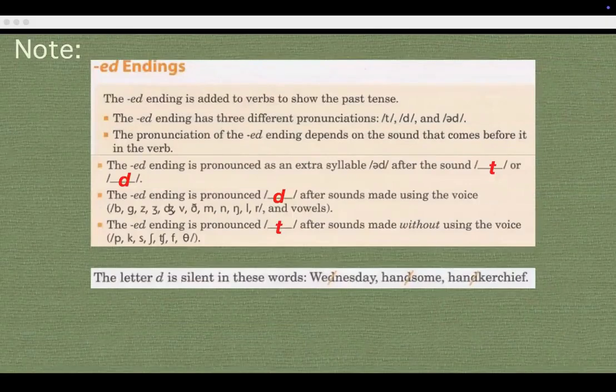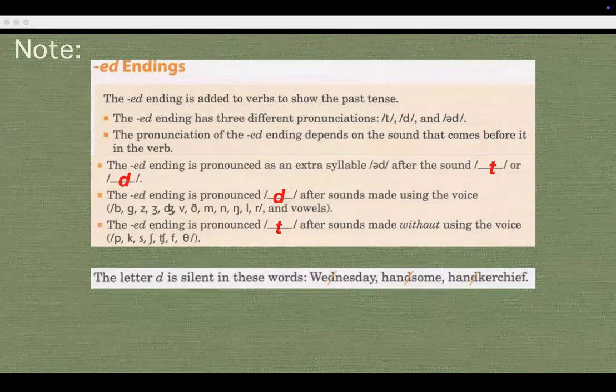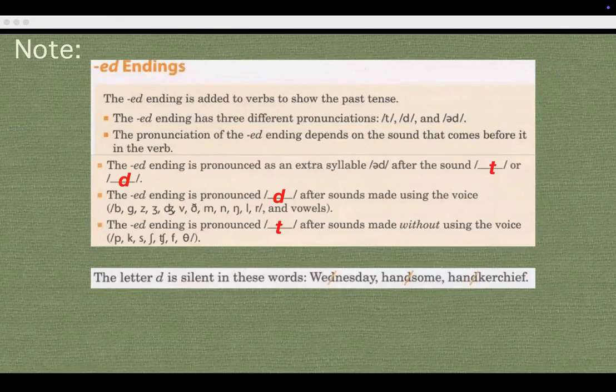Okay, so we have some notes on ed endings. The ed ending is added to verbs to show the past tense. The ed ending has three different pronunciations, t, d, and id. The pronunciation of the ed ending depends on the sound that comes before it in the verb. The ed ending is pronounced d after sounds made using the voice, like for example b, g, and vowels.